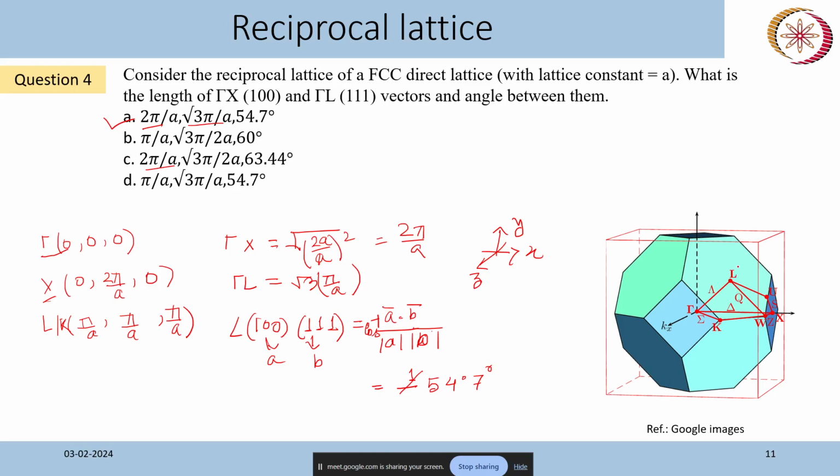When we discuss the band structure of a particular material, these are the general notation: the 0 0 0 point we take as gamma, and along this direction it is taken as gamma to X. Values like gamma, K or L, or the distance between gamma to L or gamma to X, are standard nomenclature used to make the band structure. So when we calculate band structure, we use this kind of nomenclature.